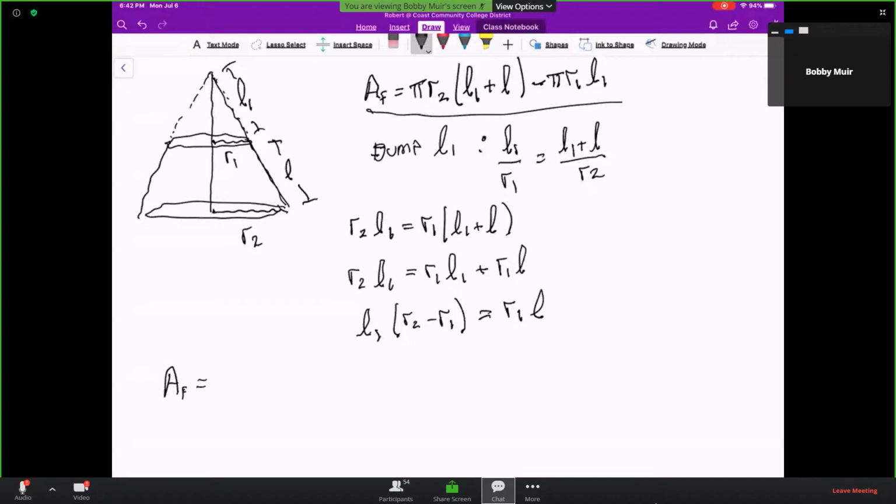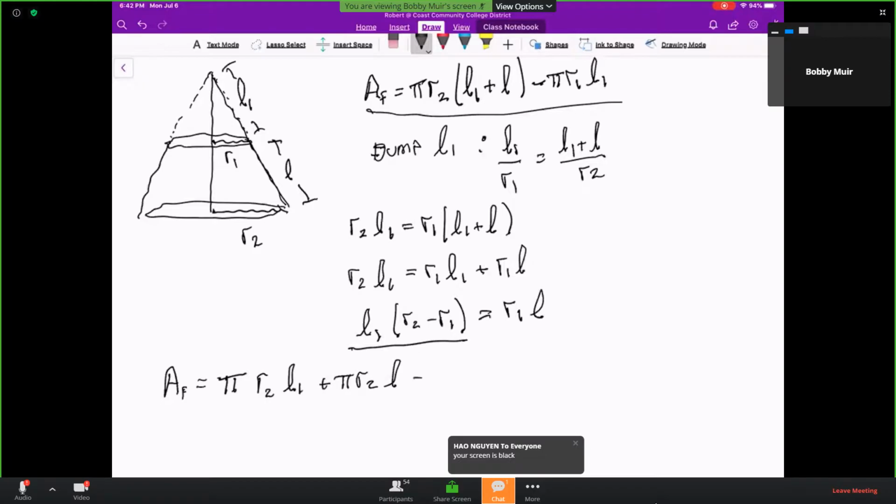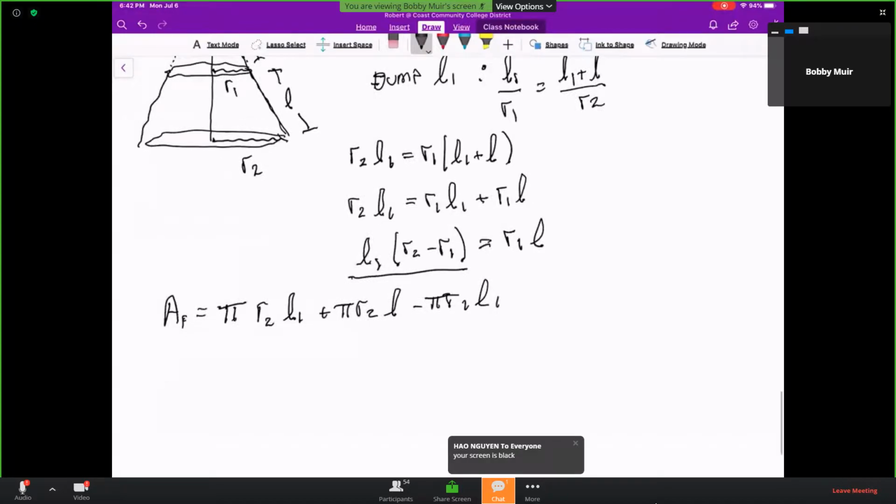So if I go back up to this formula here, the top one that's underlined, what I've got is L1 times R2 minus R1. So this area of the frustum is pi times R2 L1 plus pi R2 L minus pi R1 L1.